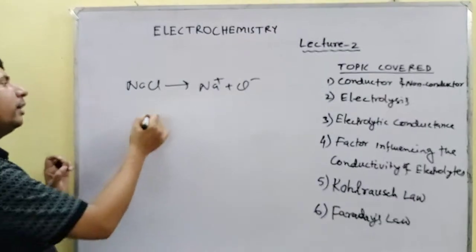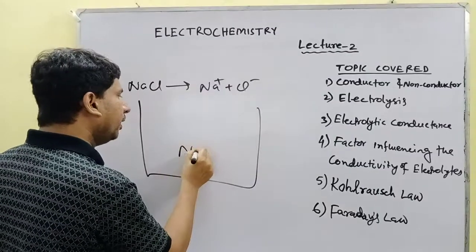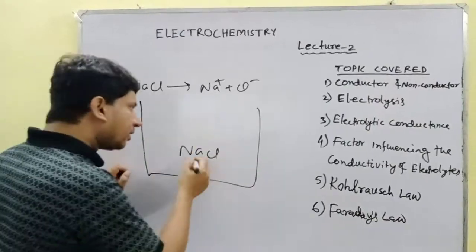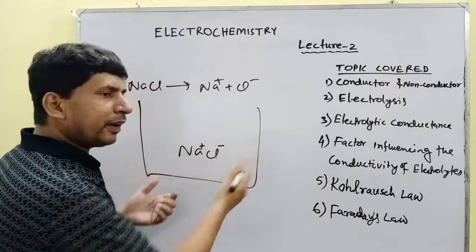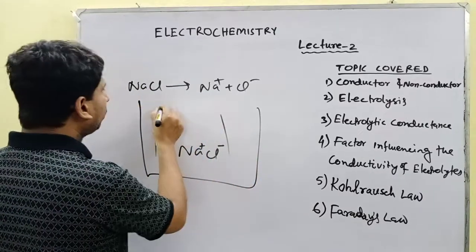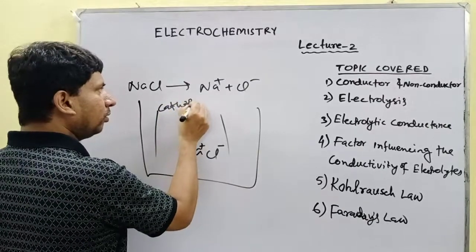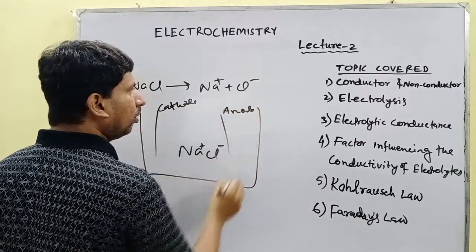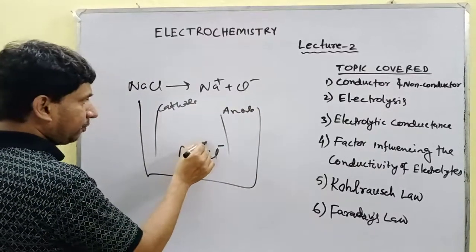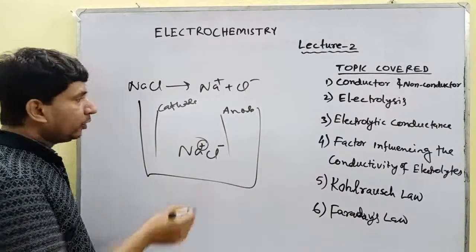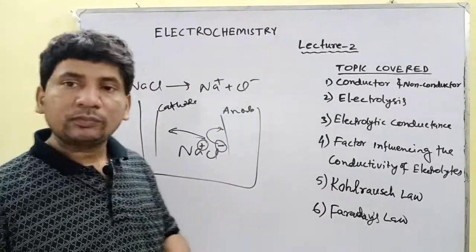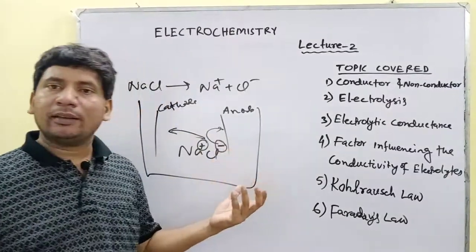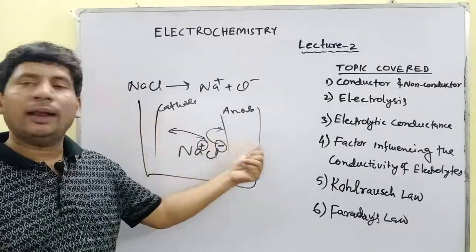If we consider NaCl in molten condition, there will be positive and negative charges. The positive charge, that is sodium, moves towards the cathode and the negative charge moves towards the anode, and they are liberated at the cathode and at the anode.